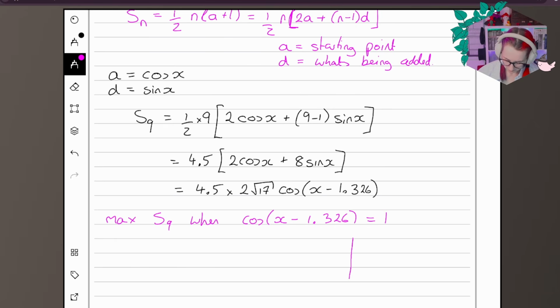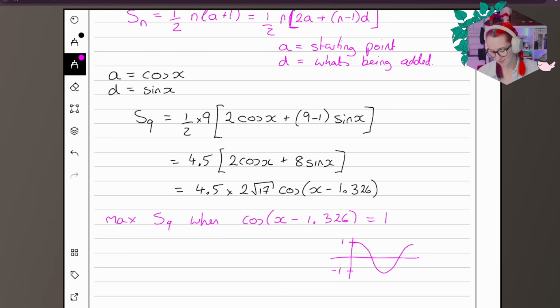And that is because cos is the function that looks like this, which has a maximum value at 1 and a minimum value at -1. It never outputs values bigger or smaller than 1 or -1. So because this is the cos term multiplied by something positive, the something positive is fixed, and the only thing that's changing is this expression here.